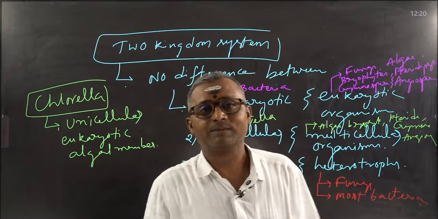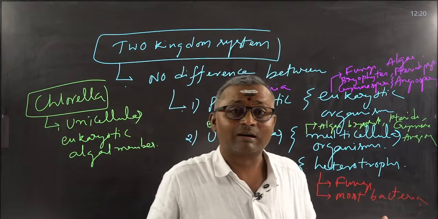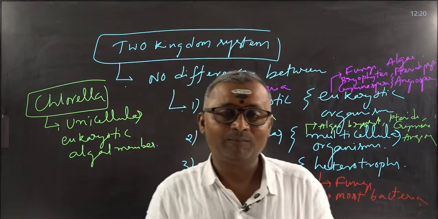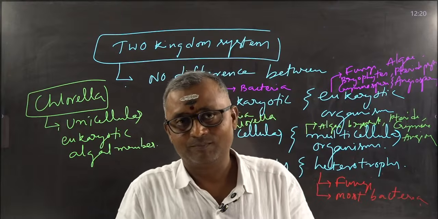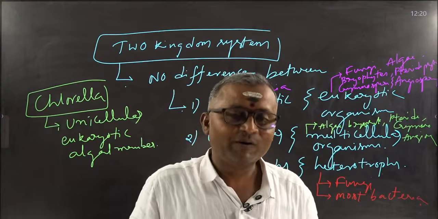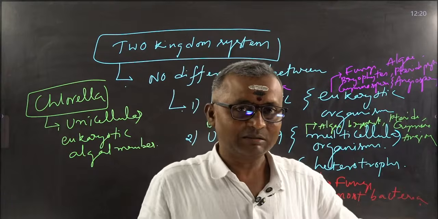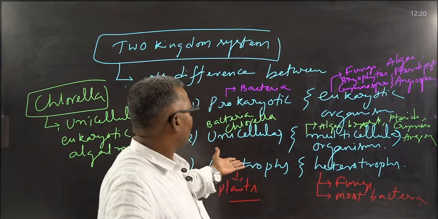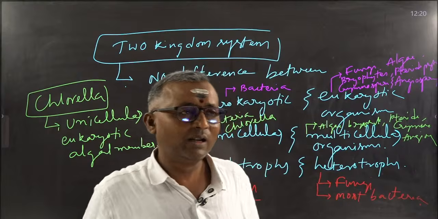So this kind of consideration is again making a lot of confusion. So it is very difficult again for the people to recognize which organism is exactly a plant. See, you cannot say the bacteria is a plant.